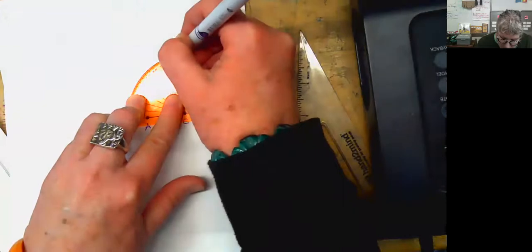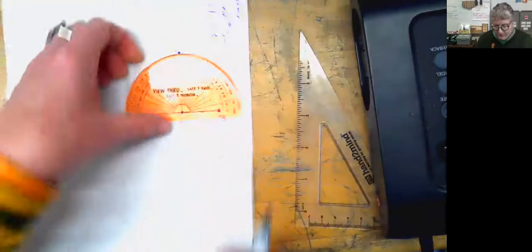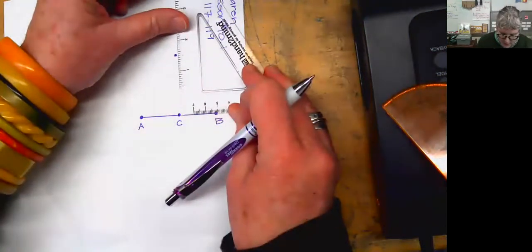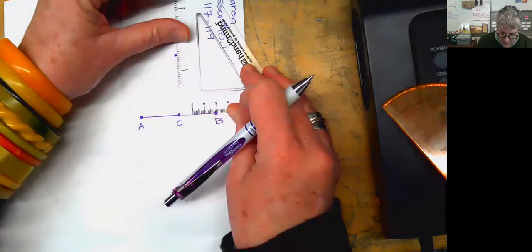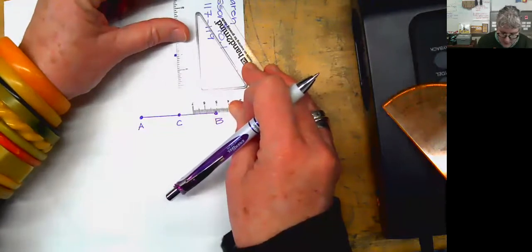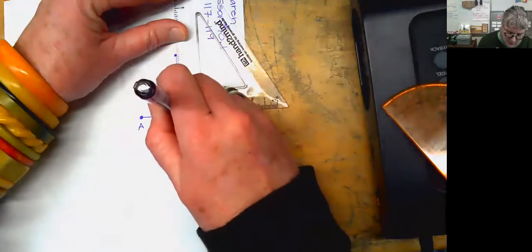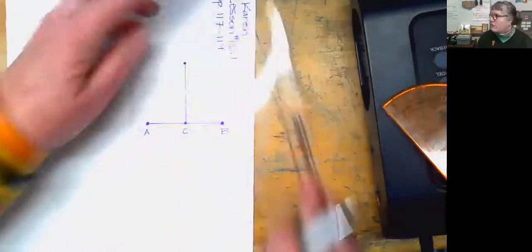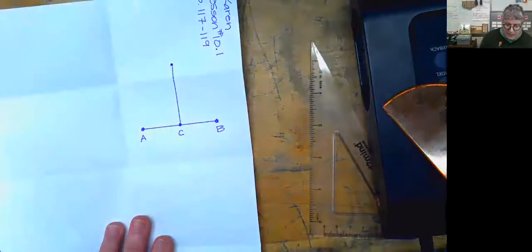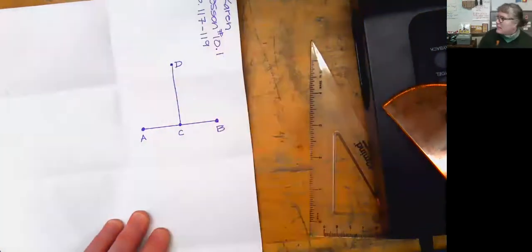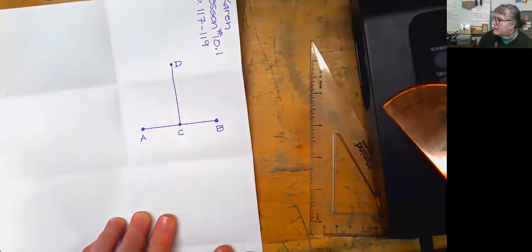You can measure where 90 is, put a little dot. And then you take your drawing triangle and you've got CD.